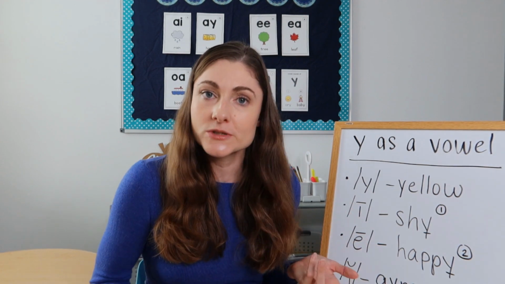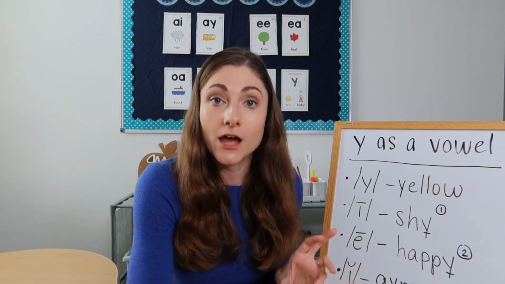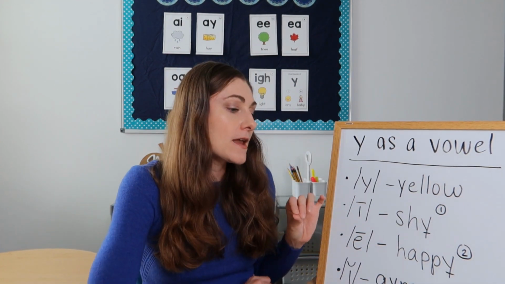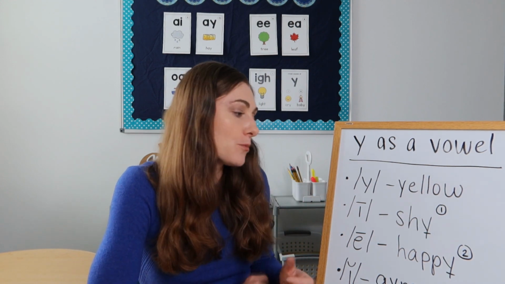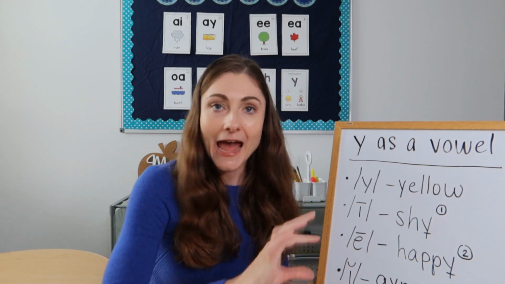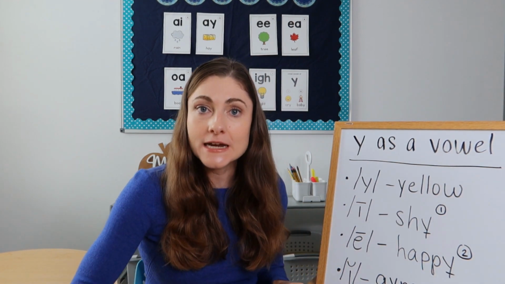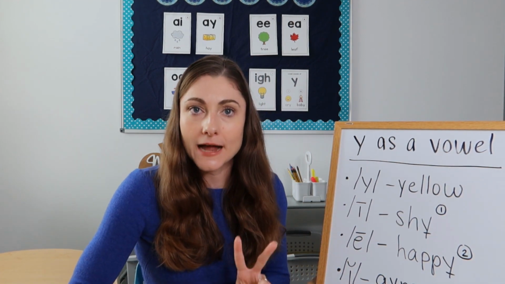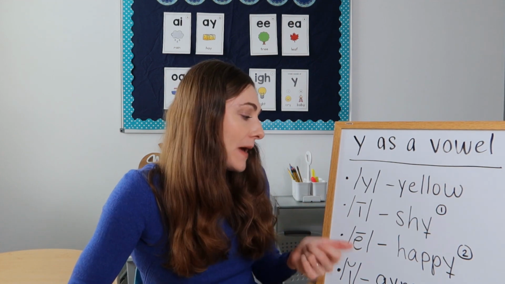But anyway, those texts are structured so that they specifically have certain patterns. And if you have a text that maybe has some words with Y that say I and some words with Y that say E, have the kids read the story, but then give them 2 different colored highlighters or markers, and then they go back.